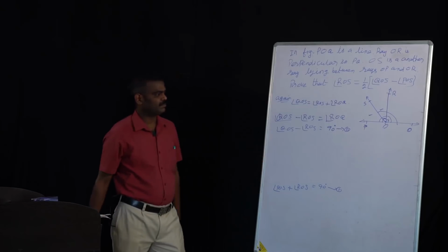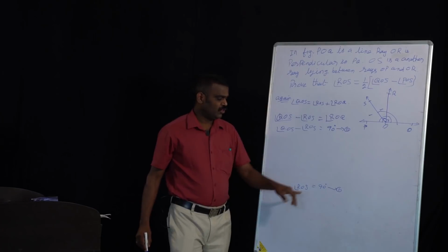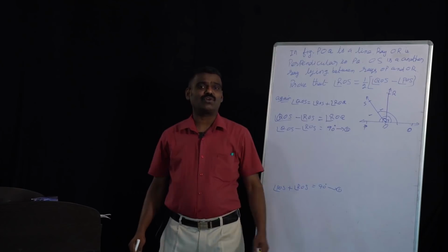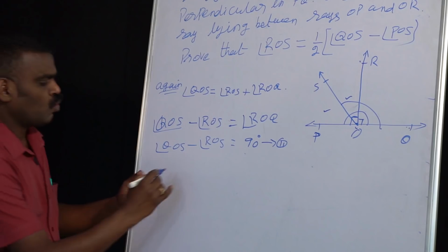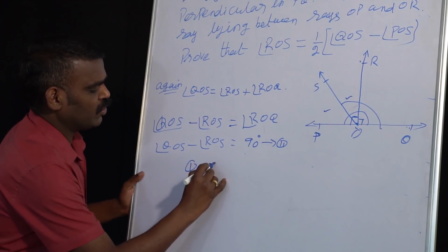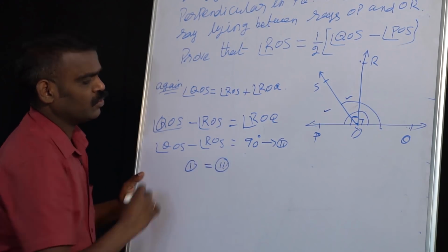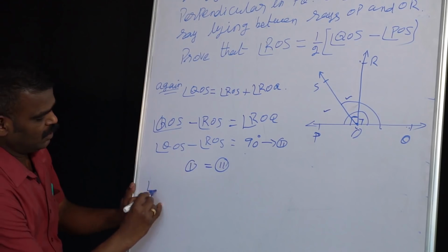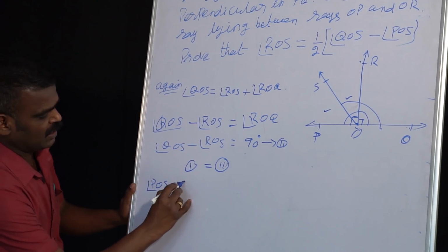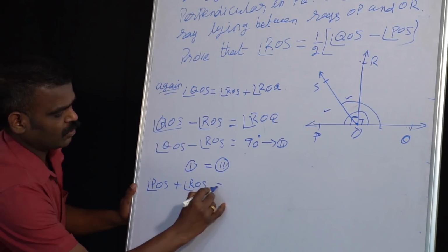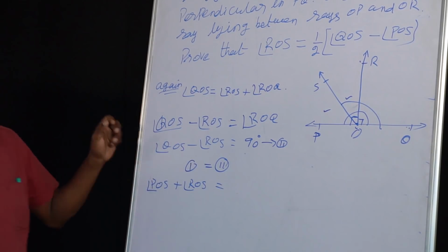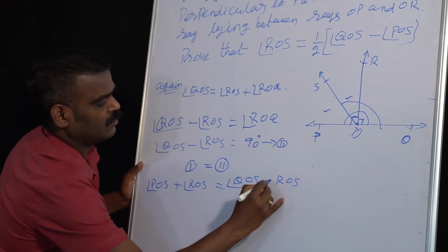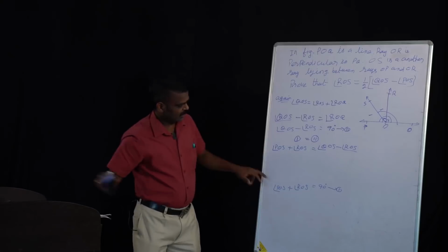Equation 1 and equation 2. We have two equations. Both equations are equal to 90 degrees. That means equation 1 equals equation 2. Equation 1 tells angle POS plus angle ROS, equation 2 tells angle QOS minus angle ROS.